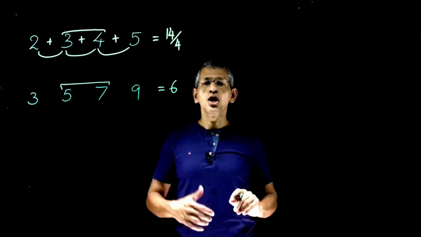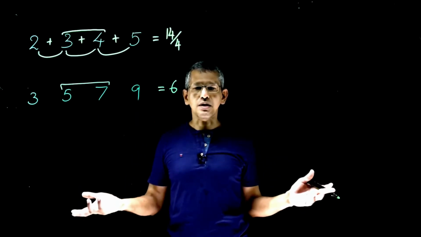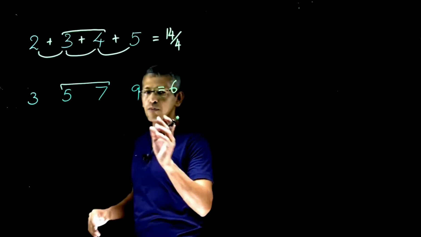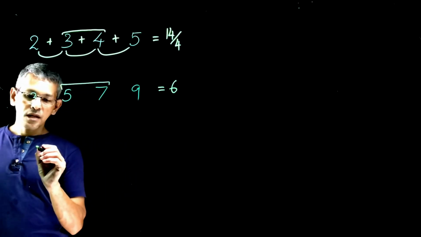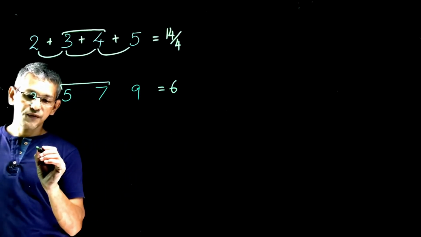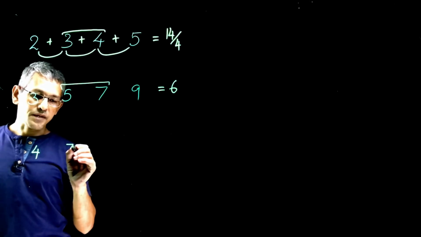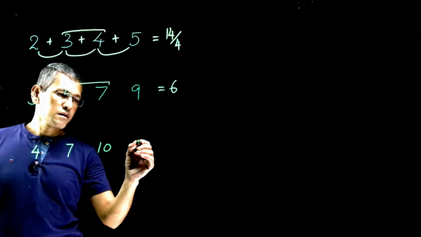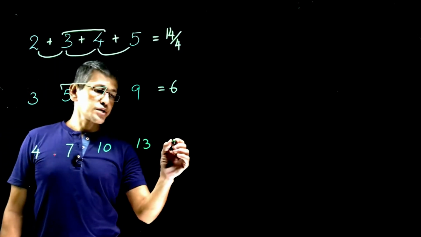Good? Right. So if you have 6 numbers, 7 numbers, or 10 numbers, we will use the same thing. If you have more than 4 numbers, let's take an example: 4, 7, 10, 13, 16.